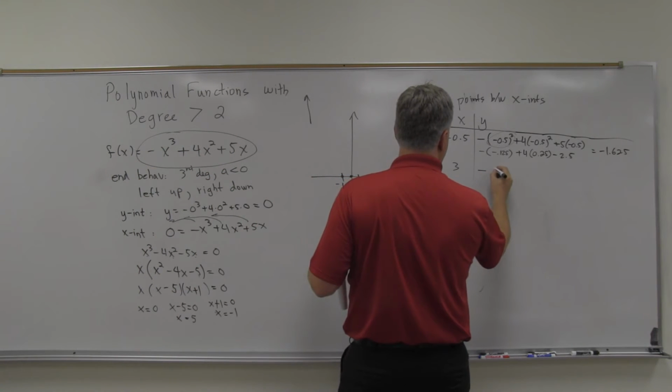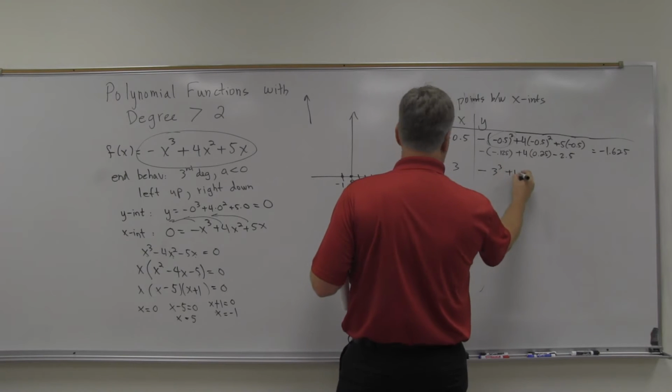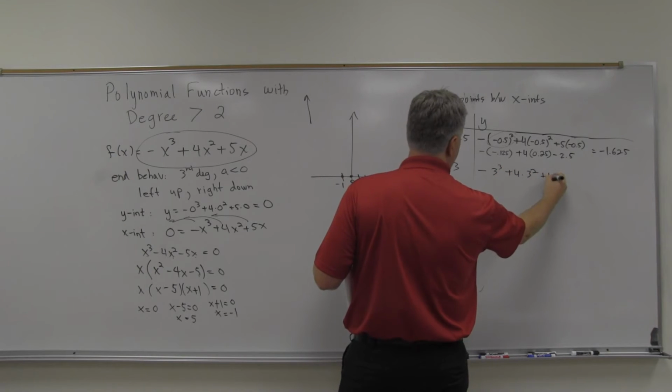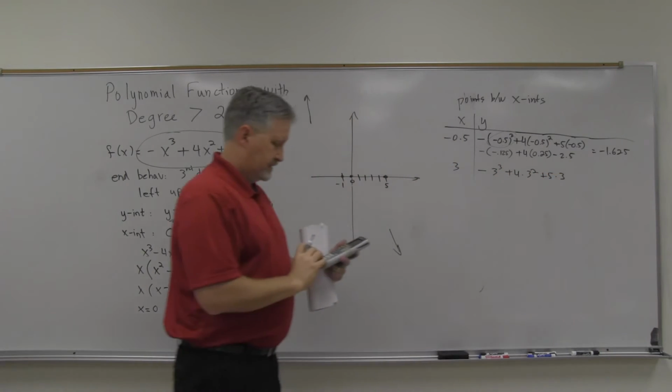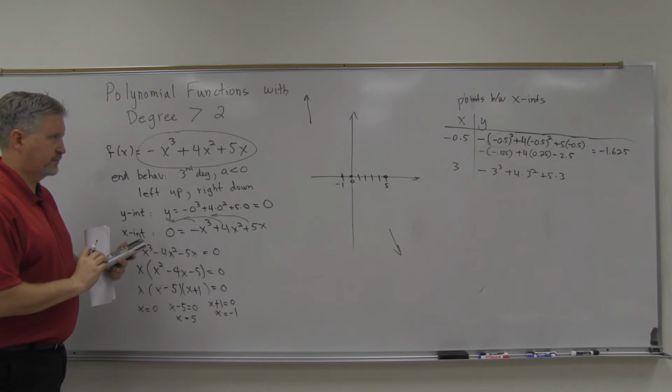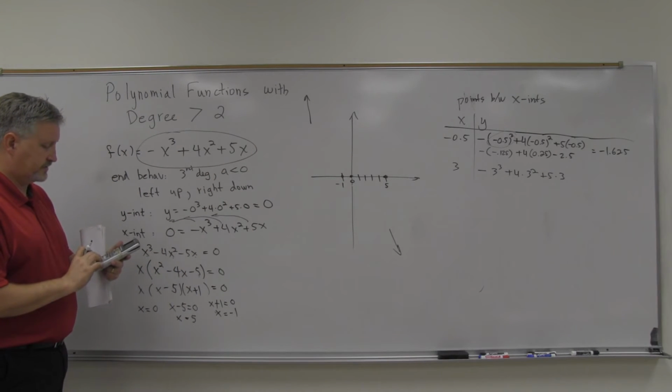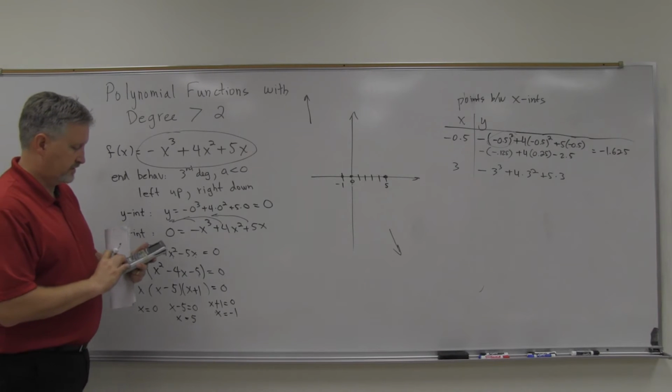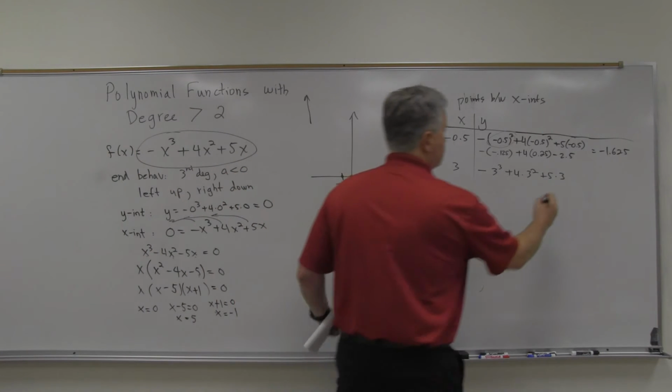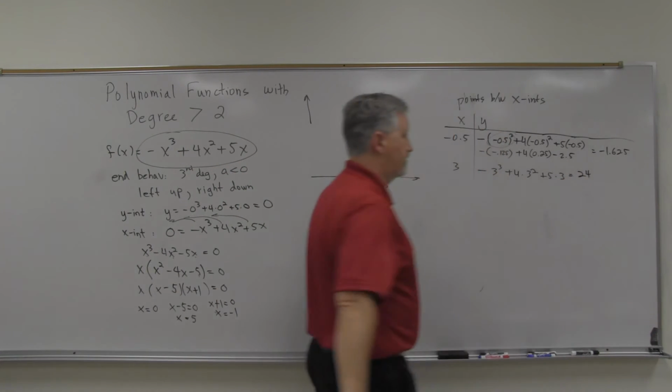So it'll be negative 3 cubed plus 4 times 3 squared plus 5 times 3. That's negative 27, 4 times 9 is 36, plus 15. Oh yeah, that's going to be a large positive, 24. Jumps quite a bit there.